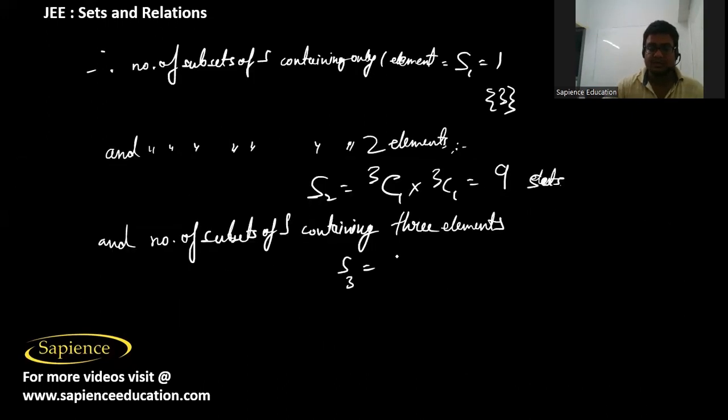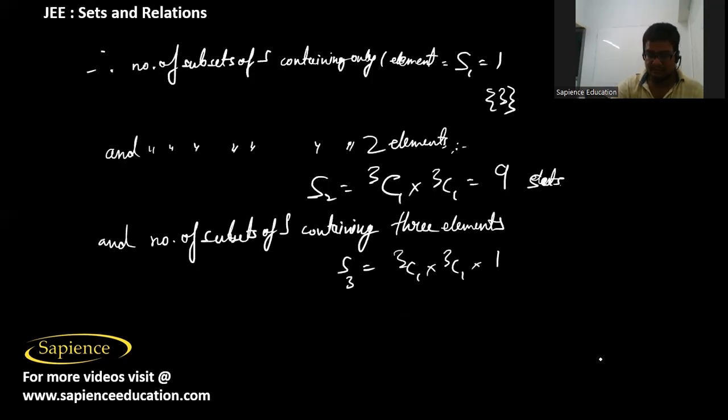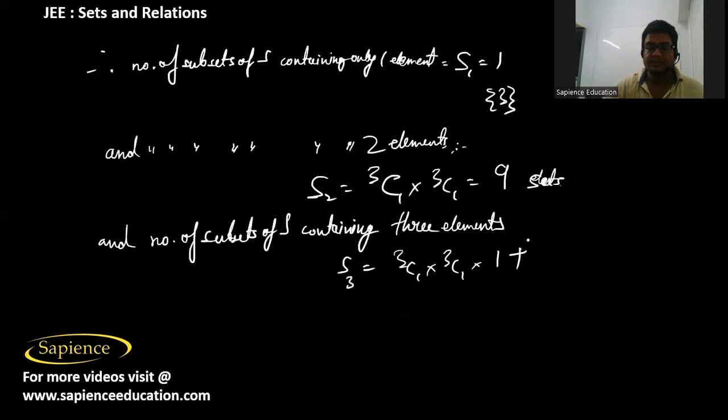So that will be equal to 3c1 into 3c1. So we chose one element from here and one element from here, and the third element is 3. And also we can take all these 3 elements, then also we will get a multiple of 3. So that is in one way.